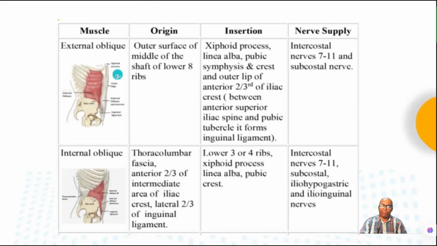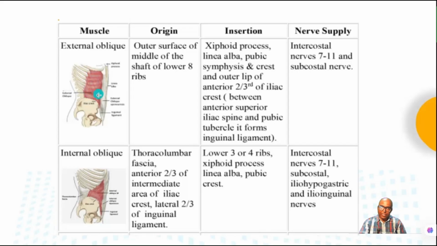Concentrate, and whatever presentations I have, when you listen to this, you always see the figure. Even when you read, you go through the figures, because our visual memory is going to be very, very important here. See this external oblique: the origin is from the outer surface of the middle of the shaft of the lower eight ribs.